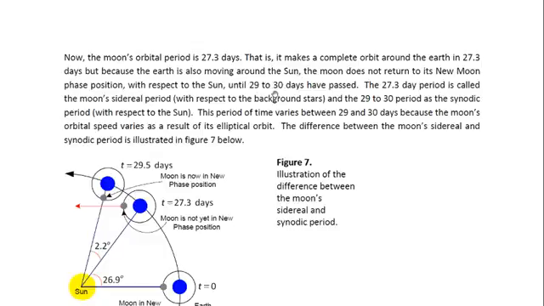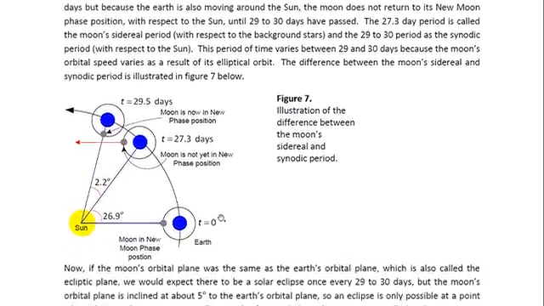This varies because of the moon's elliptical orbit, so it may vary by 1 day. Now, this period of 27.3 days is called the moon's sidereal period. So this is with respect to the background stars. And the other period of between 29 and 30 days is the moon's synodic period. So that's with respect to the sun.